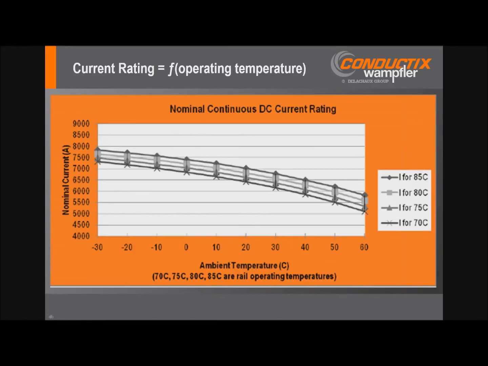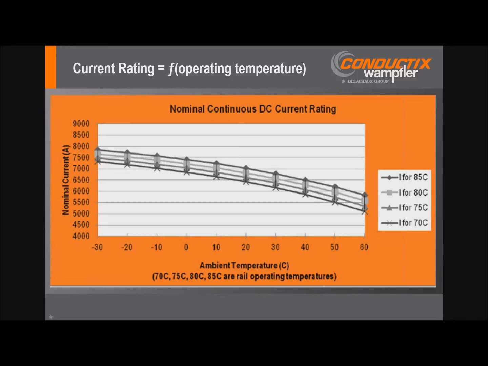Consequently, current rating of power rails is really a function of operating temperature, and therefore is always stated at a specified temperature rise at a given ambient temperature. So a given conductor will have different current ratings at different temperature rises and ambient temperatures. For the conductor referenced in this graph, operating at an ambient temperature, for example, of 0 C with a maximum allowable operating temperature of 85, that would classify it as a 7,500 amp conductor with steady state current capacity.